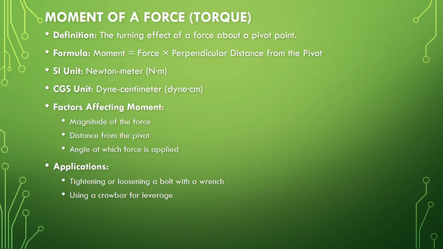Okay, more the distance, less the force required. I'll give you a short form for this: P D F, perpendicular distance into force, PDF. This is a short form for moment or torque. So the SI unit of moment is Newton meter. How? The SI unit of force is Newton, the SI unit of perpendicular distance is meter.